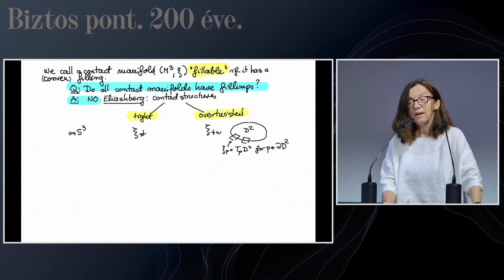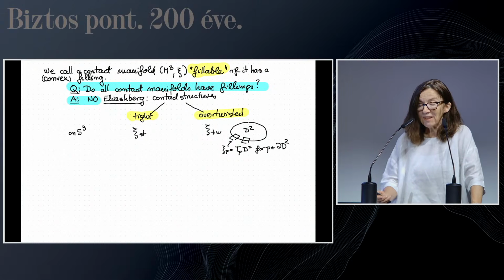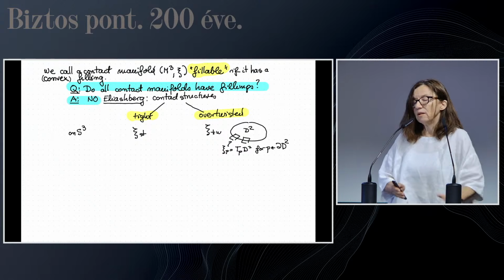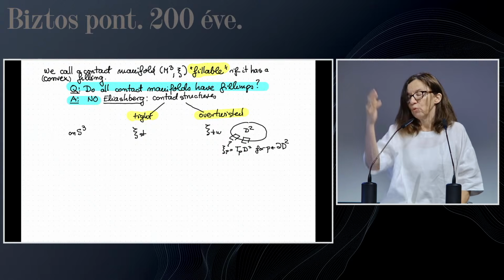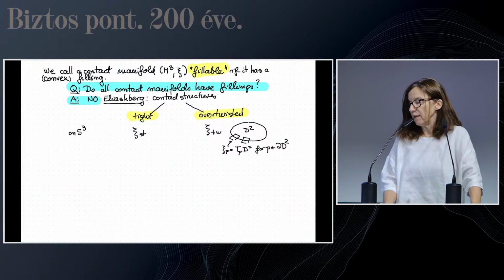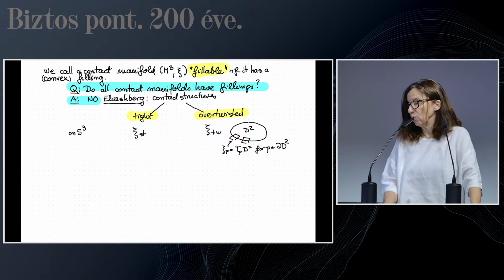He noticed there is a difference between the standard and the overtwisted contact structure on R³ that I described, in that the twisting contact structure, as it twists, comes back to be tangent to a disk in our xy-plane. And when there is such a disk in a contact manifold, Eliashberg called this manifold overtwisted.